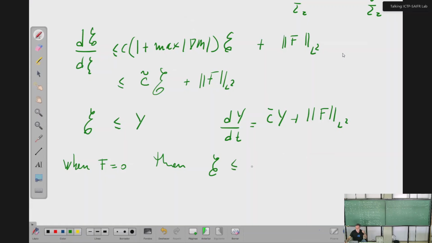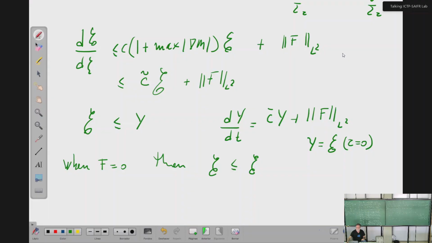So when you integrate, this is bounded with this, with Y equal to epsilon at 0, tau equal to 0. So if F is 0, then this is bounded by the initial energy.